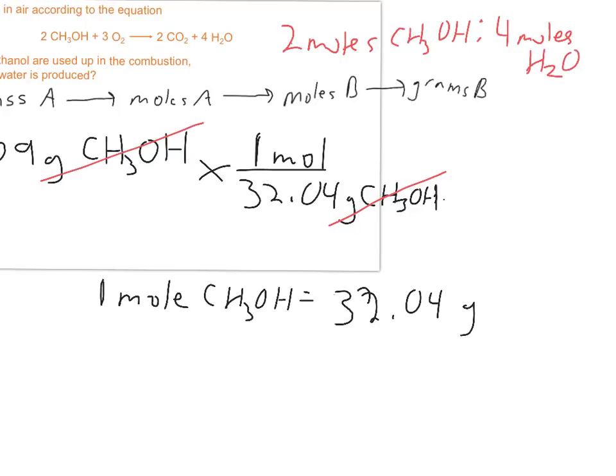And that can be used as an equality. It's a ratio, but we can use that for our workflow. And then how we decide what goes on the top or the bottom is getting the units to cancel. So we've got to get units of methanol to cancel. So moles of methanol will go on the bottom.